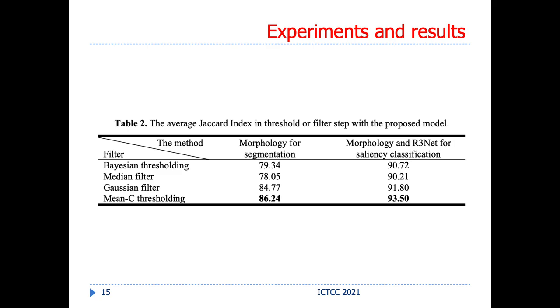We apply the algorithm with the 7 steps in figure 3 for segmentation to evaluate clearly with the saliency for the classification. The third column is the result of the morphology combined with our models in testing. In two approaches, the success index based on the mean C result for segmentation is higher than Bayesian, median, or the Gaussian filter.